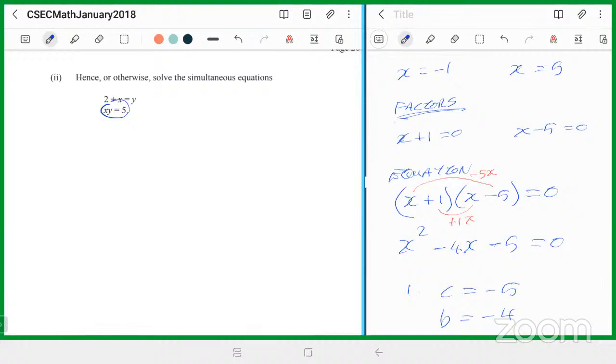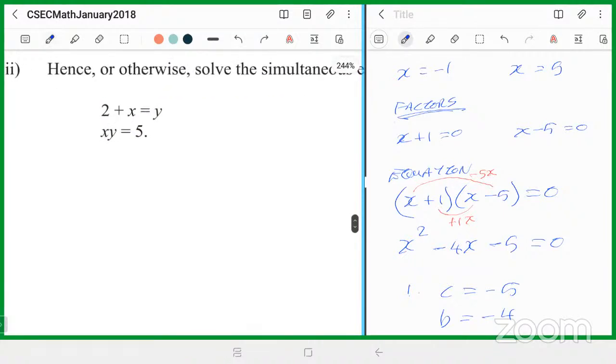This can be done by elimination too, you know. So what I can do, I can take what the line is saying, y equals, and just substitute it for the y right there. Substitute the line into the curve for y. So we can use that method.